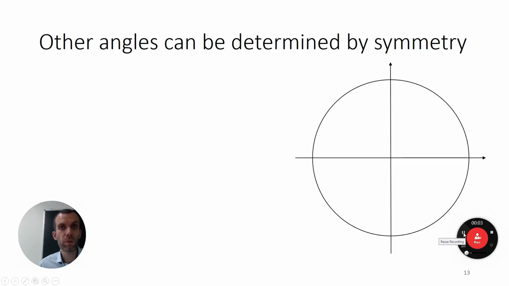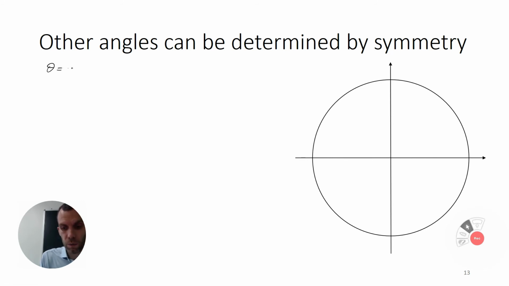So we've done a couple of examples, some easy ones and some complex ones where we had to look at a geometry argument. For some of the other angles, we don't have to start from first principles. You can use what you already know and try to use some kind of symmetry argument. So in order to show how this works, let's do an example.